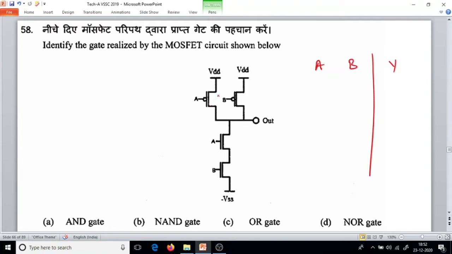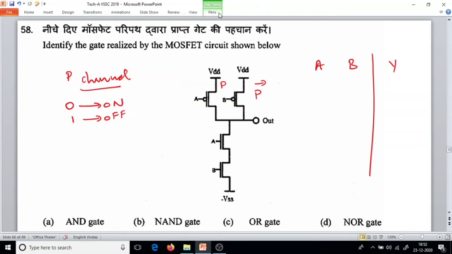Now these two are P channel MOSFETs. A P channel MOSFET will get on with 0, which obviously means 1 will make it off.